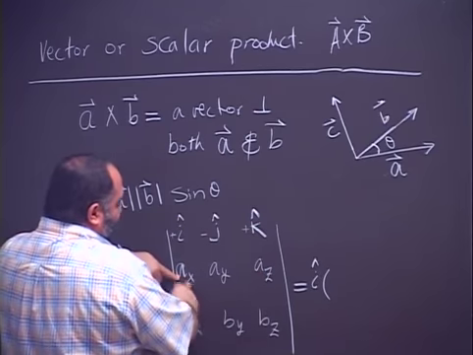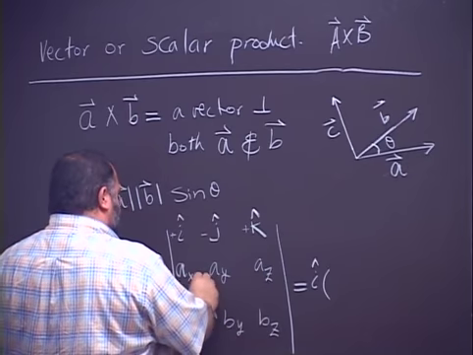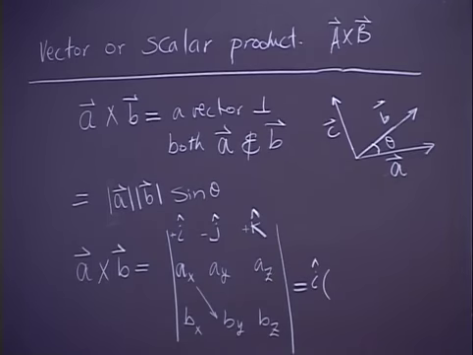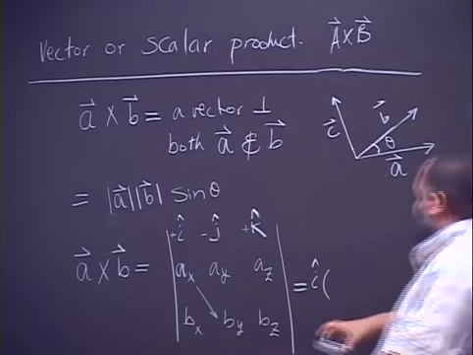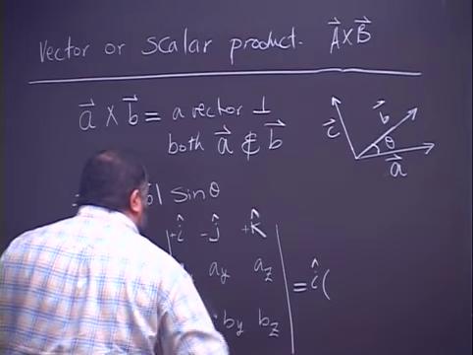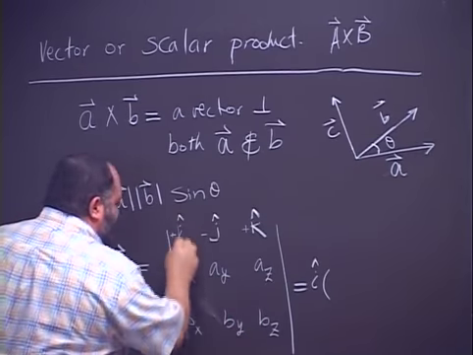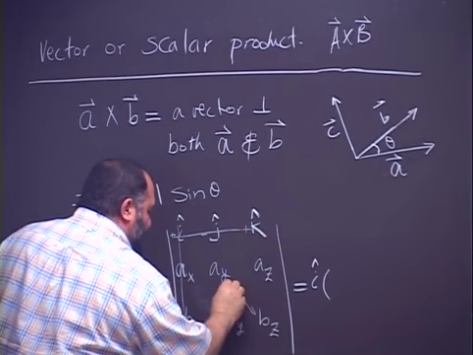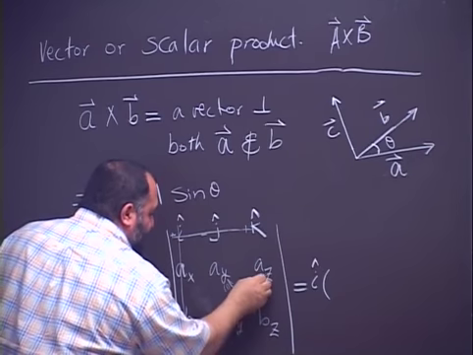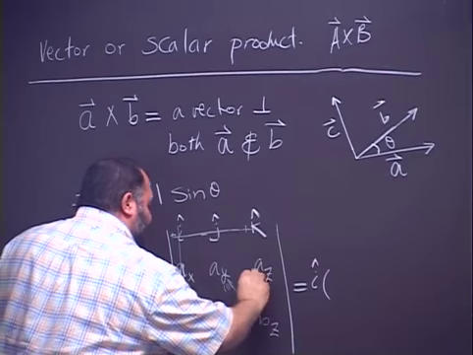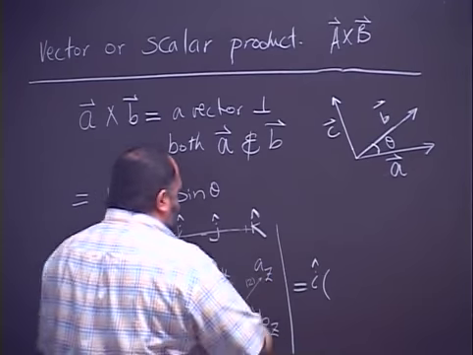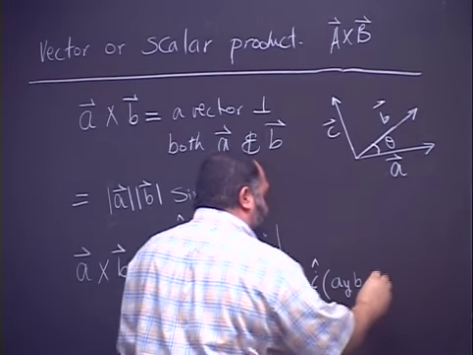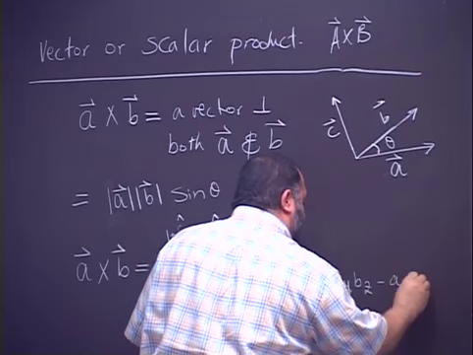Then you will say: cross those 2 lines, and this is AY multiplied by BZ, so this is the first operation, minus AZ multiplied by BY, and this is the second operation. So it will be AY BZ minus AZ BY.